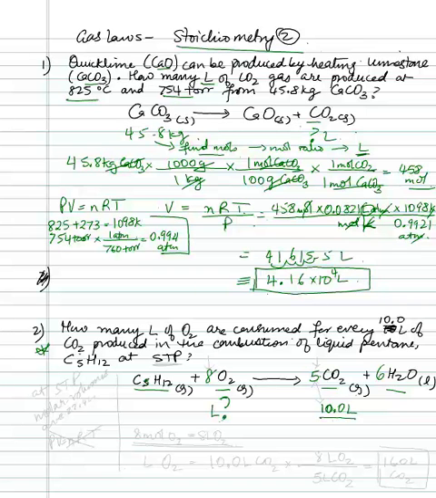And since this is at STP, molar volumes are the same. Molar volumes, remember, are 22.4 liters. Once we know the moles of each of the gases, all we need to do is interconvert them. We don't need to worry about PV equals nRT; we will not use that in this problem.